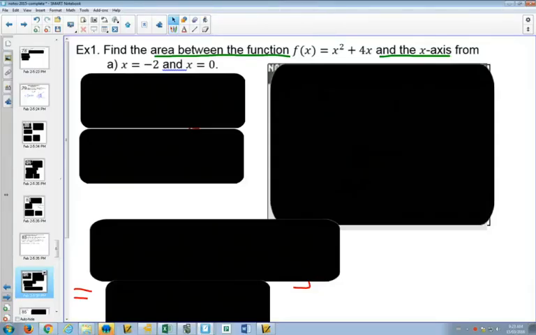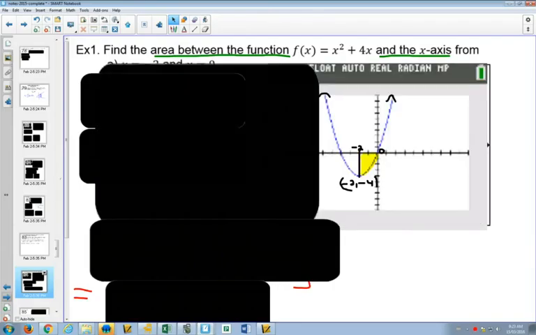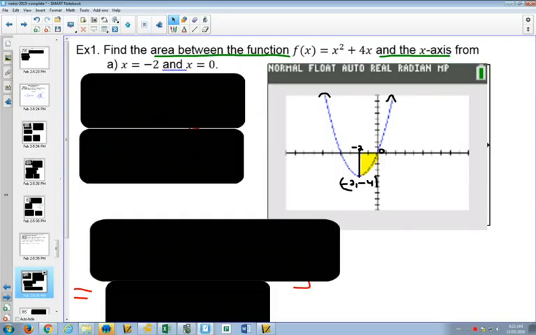Because the definite integral from 0 to 2, you'd keep the things that are negative, negative, you'd keep the things that are positive, just like we did with that cos graph, and you'd get an answer of 0. But this question is saying, find the area between the function and the x-axis from negative 2 to 0. Well, if we draw a picture of it, all that area is going to be below the x-axis.